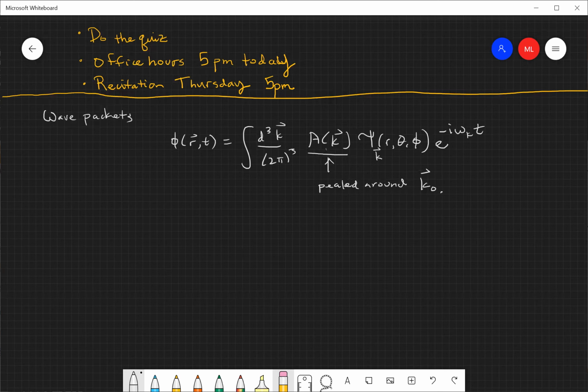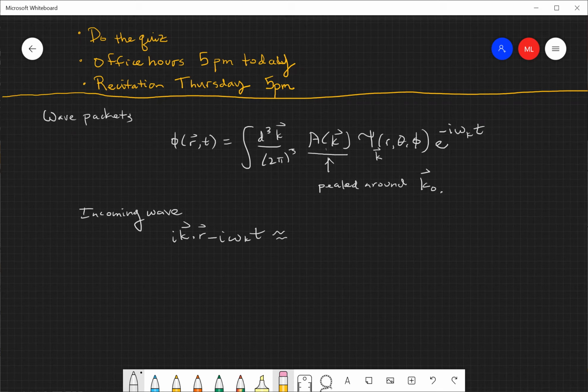So in the case where you're just looking at the incoming wave, the last thing I wrote down was what this looks like for the incoming wave. And the idea there is that you would want to expand the incoming wave part and the phase that it picks up around the K0 value.